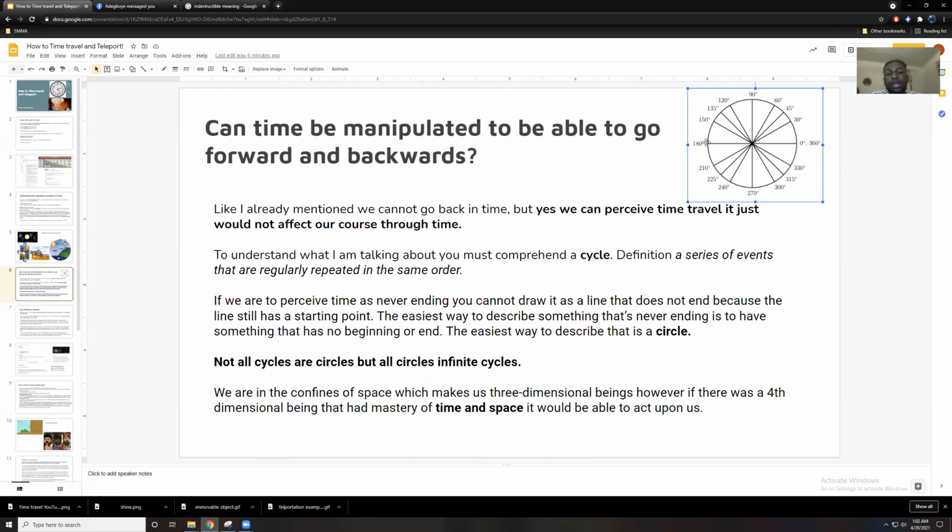You have always existed in that position, which means instead of just existing at position 180, you would have to exist in every position of time, which means you would have existed from the start of time. If you want to say this point in time, zero, is the start of time, you would have to exist in point zero, point 1, 2, 3, 4, 5, 6, 7, 8, all the way around until you get back to 360. That's the only way you can do it without messing with time.